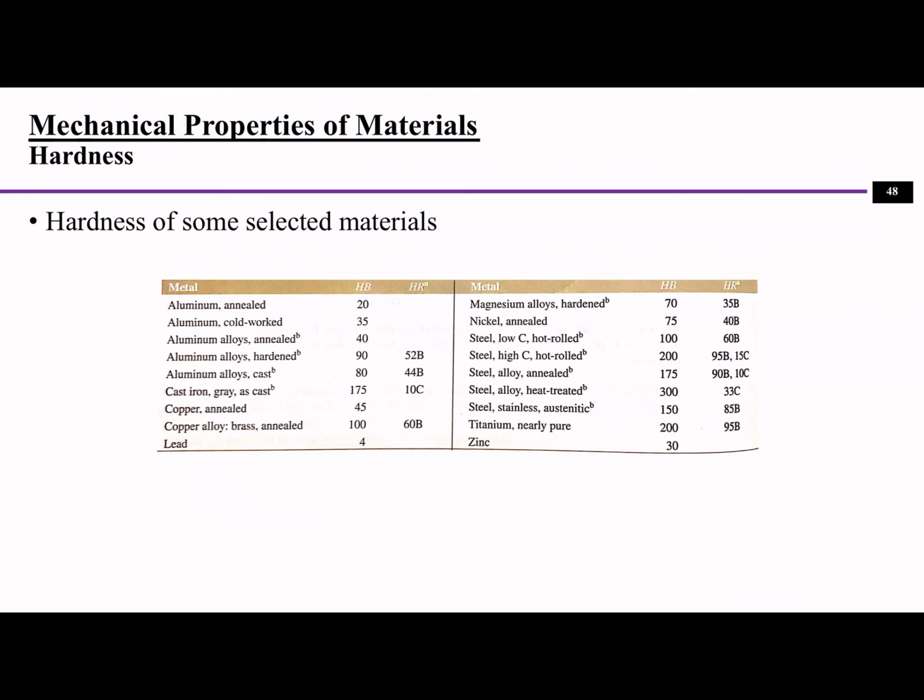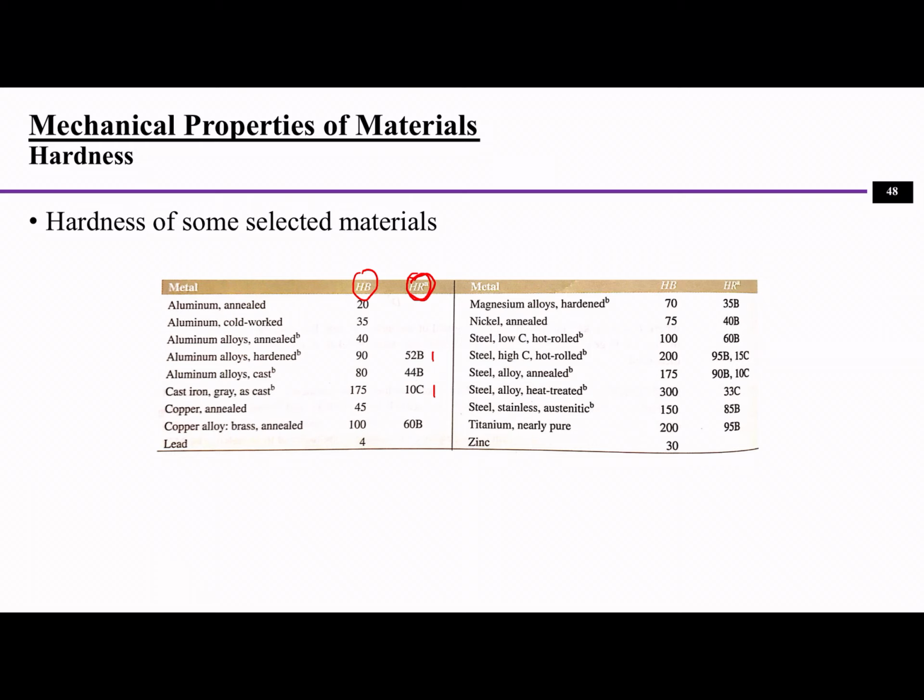And here is a table of some selected materials' hardness. You can see this is the Brinell hardness test value, and this is the Rockwell hardness test value. In the Rockwell, you can also see there's a B scale and also a C scale. Usually you can convert those.